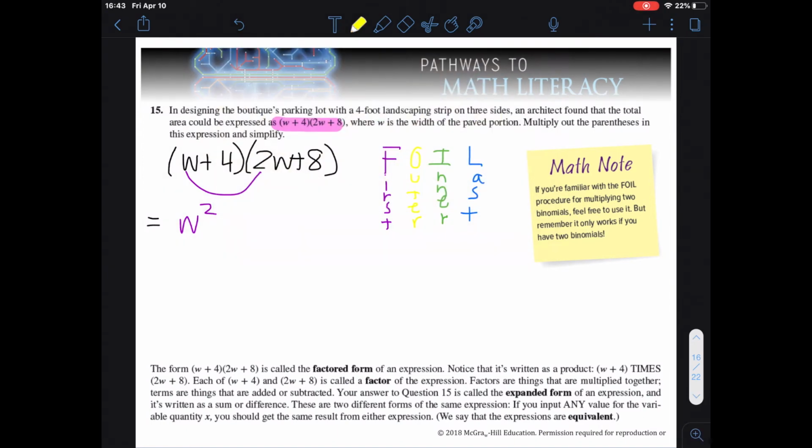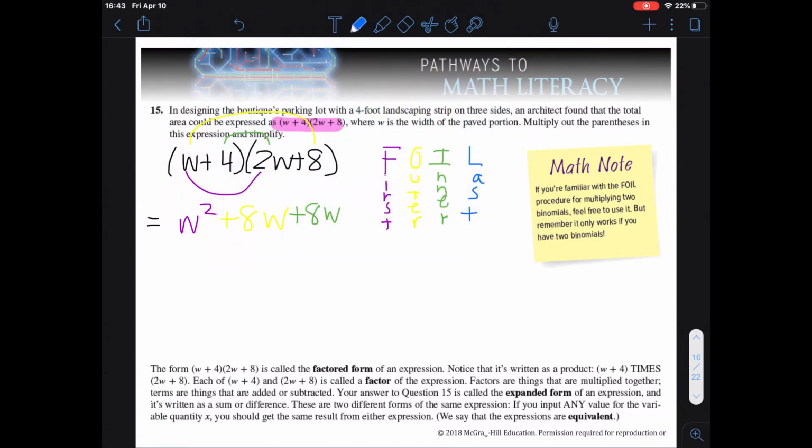Then if I go for the outer, the W is on the outside, the 8 is on the outside, so you get plus 8W. The I is our inner term, which is a 4 and a 2W. So when you multiply them, 4 times 2W is 8W.